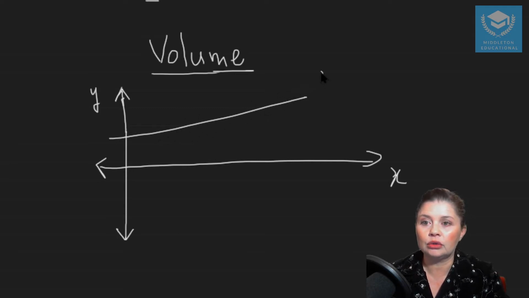So I'm going to call that function f of x. So if we were to take a point, say where x is 1 and x is 5, and we integrate across here, we would find the area underneath that graph.